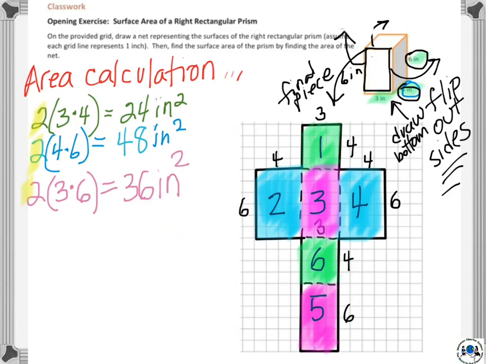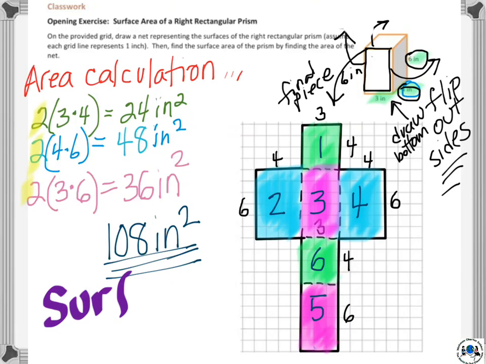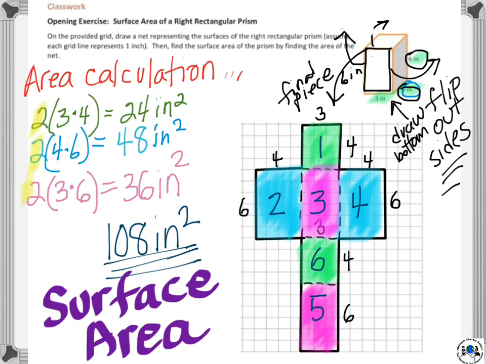Number 1 and number 6 could be the bases, the way it's sitting. But anyway, they're all faces, truly. So bases and faces, there are 6 of them. And if I add all those up, I get 108 square inches of surface area. 108 inches squared of surface area.